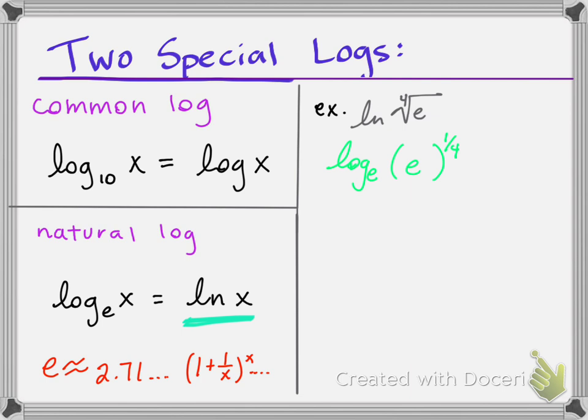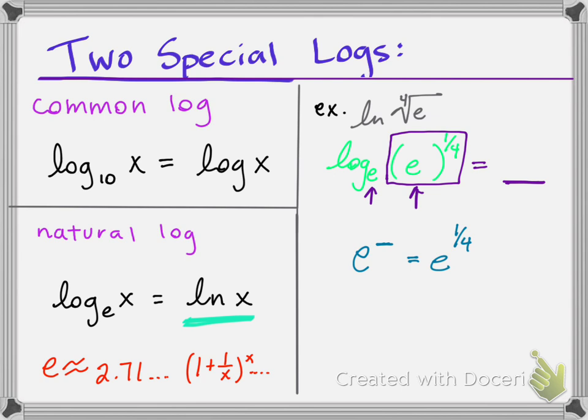Now, again, I'm simplifying, so I'm trying to figure out what this would be. Well, I have to think about the words that I have, right? I have the base, I have the argument, and this whole thing is the argument, to be clear. And I need to find out the power that equals. To do that, I can create it in terms of exponential and maybe figure it out. e to some power is equal to the argument, e to the 1/4 power.